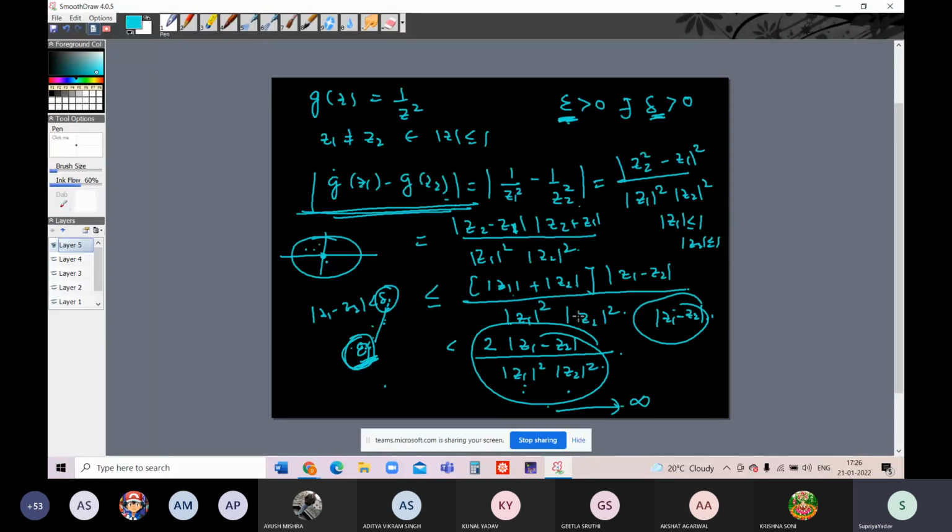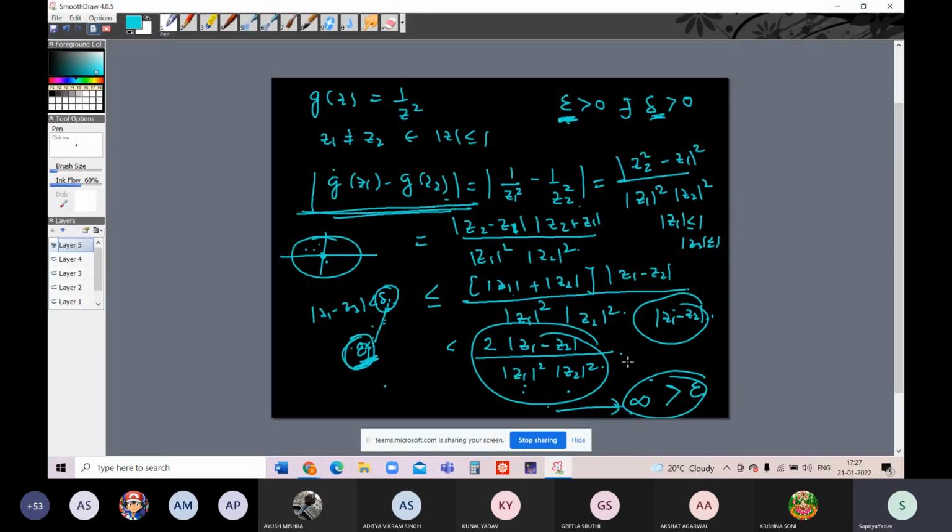This difference is tending to infinity, and which will always be greater than any small quantity. ये हमारे उस एप्सिलॉन से ग्रेटर हो जाता है. So the distance between this z1 and z2 may be very small, but the difference between their images is not very small. It may increase and tend to infinity.